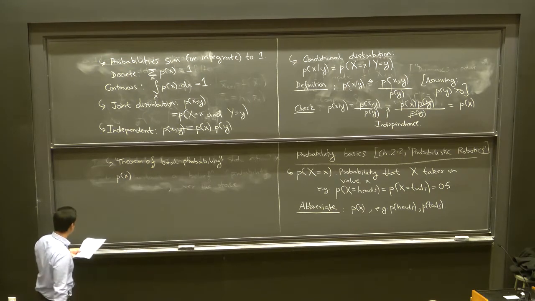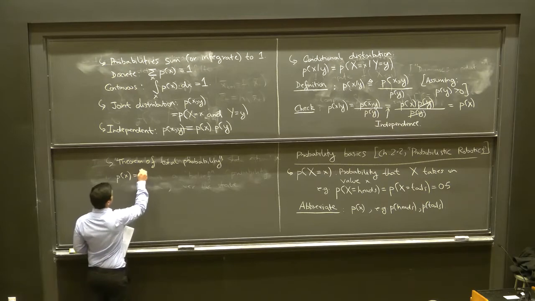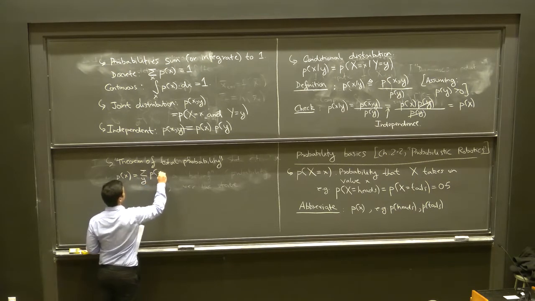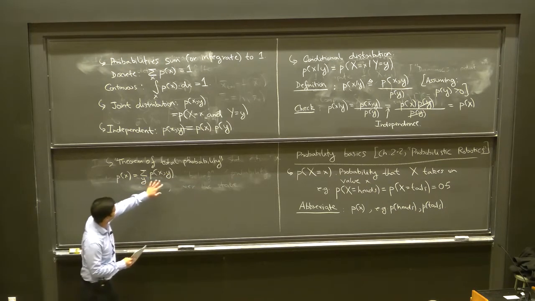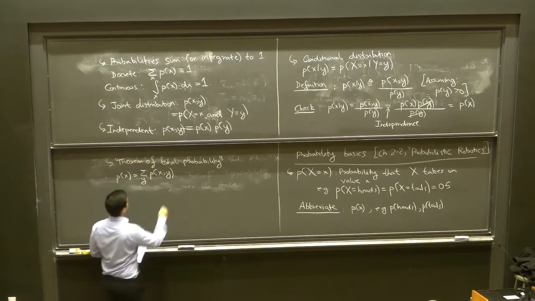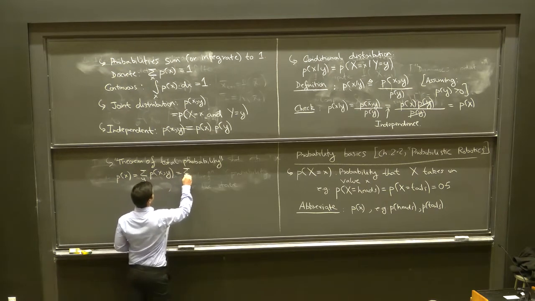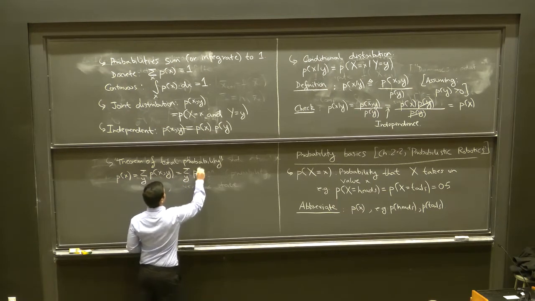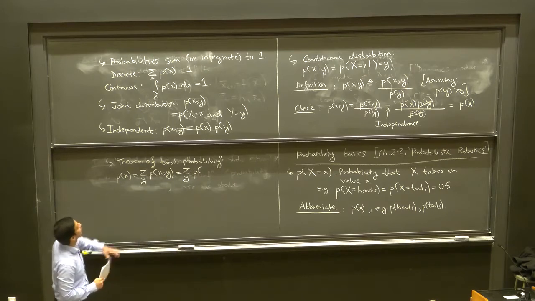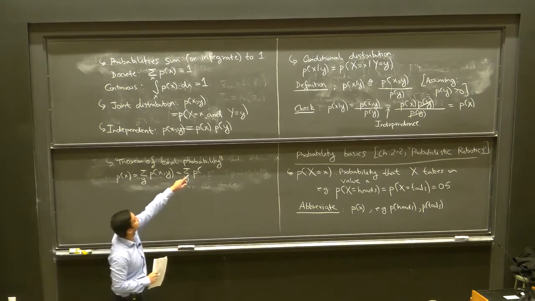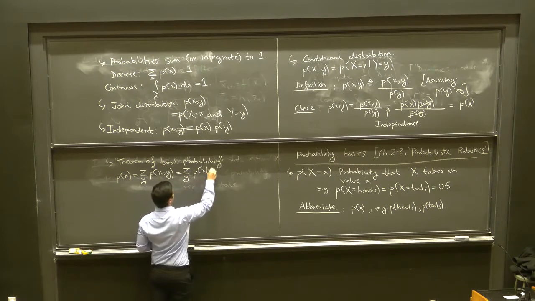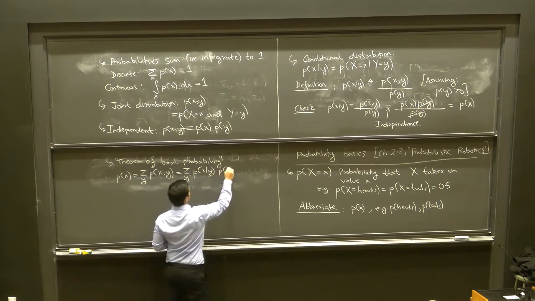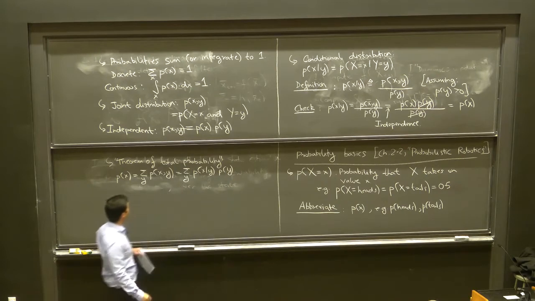This states that P of x is equal to the summation over y of the joint distribution, which is the same as, if you look at our definition of the conditional distribution up there, P of x given y multiplied by P of y.